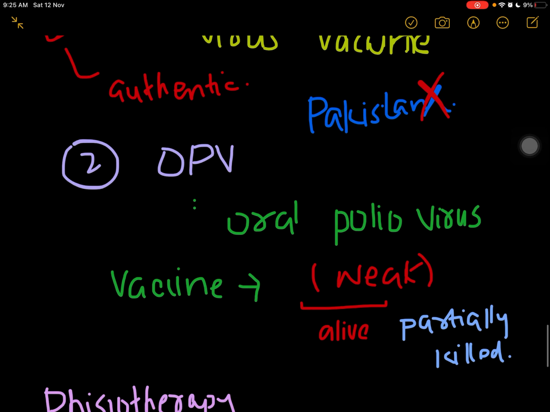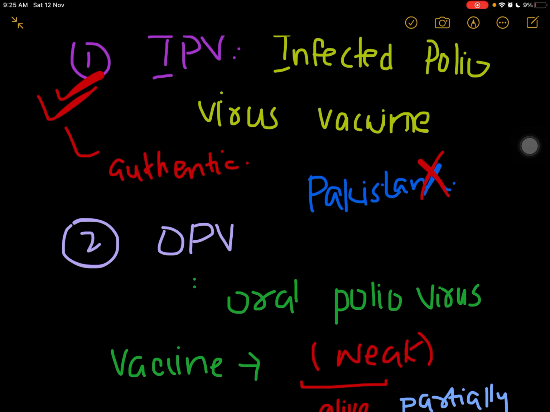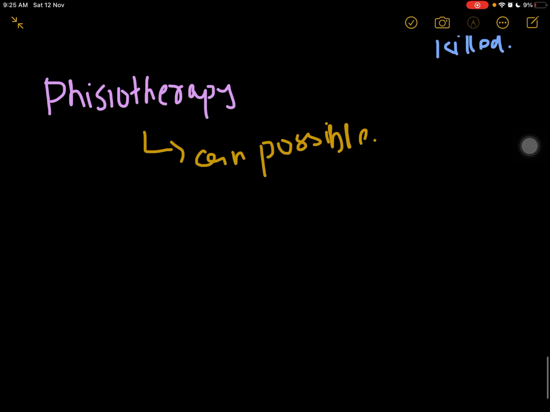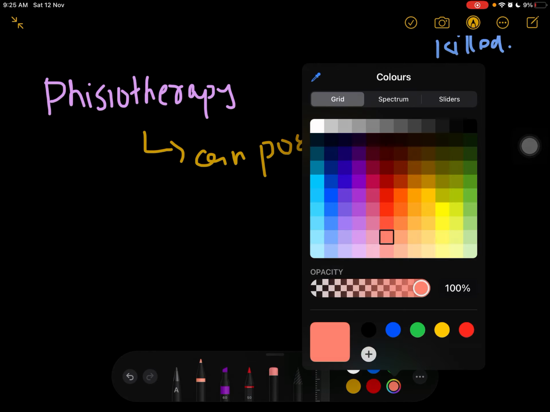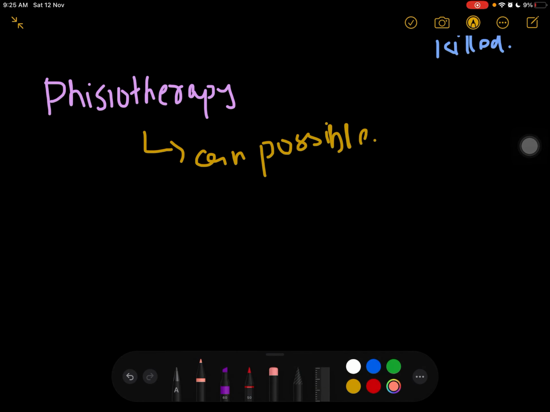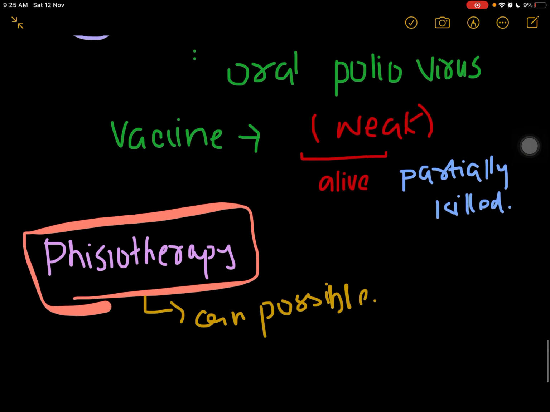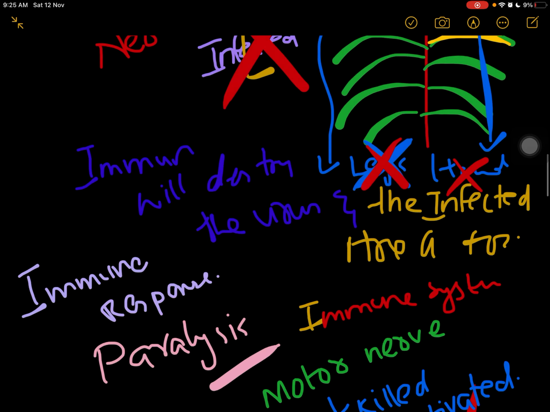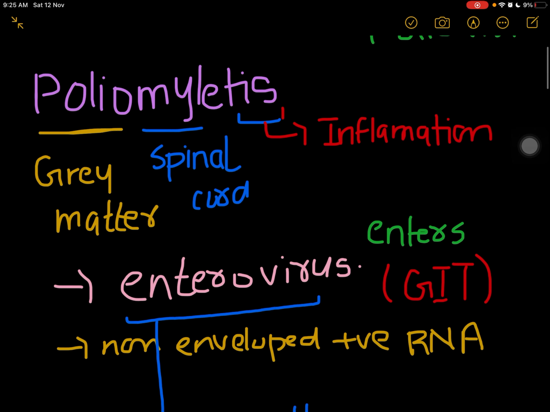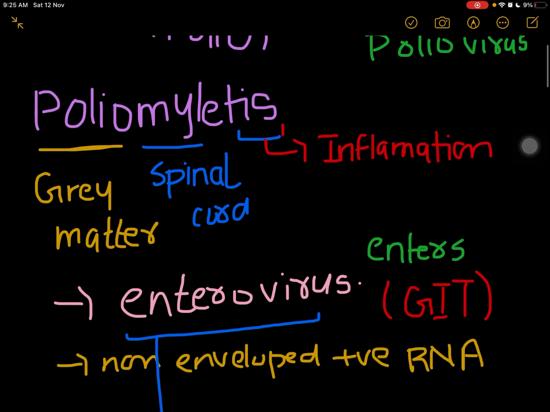These vaccines are used before the virus enters the body, before the infection. But once the poliovirus has infected and reached the paralytic stage, only physiotherapy can help. So I hope poliomyelitis is clear to you. If you have any questions, you can ask me in the comment section.